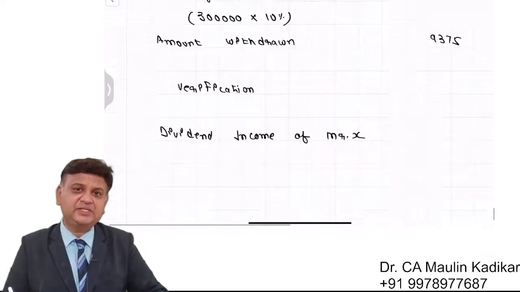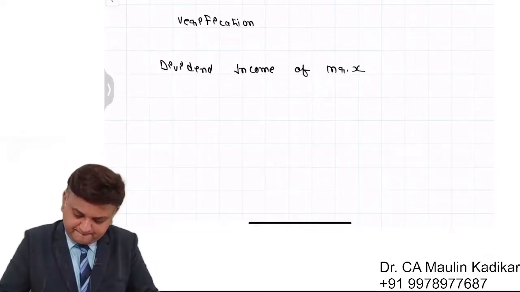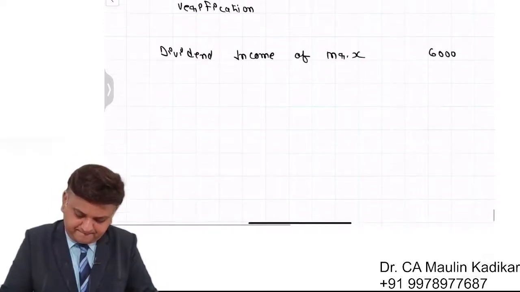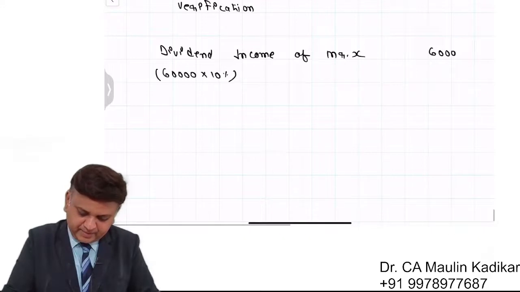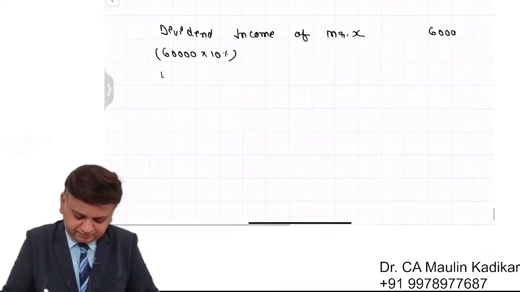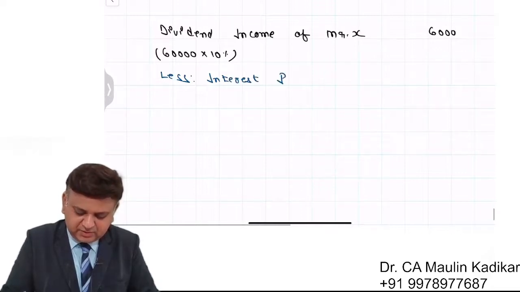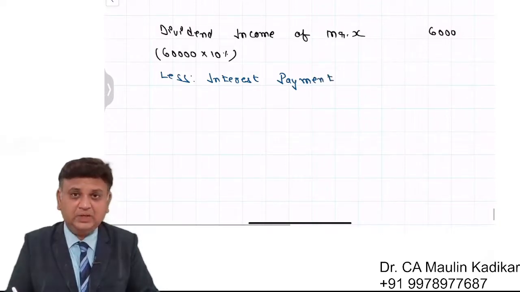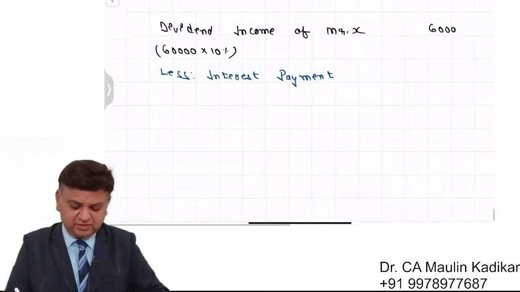So 60,000 into 10%, that comes to 6,000. Less interest payment. Mr. X has borrowed and invested.